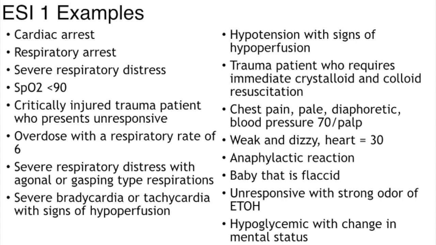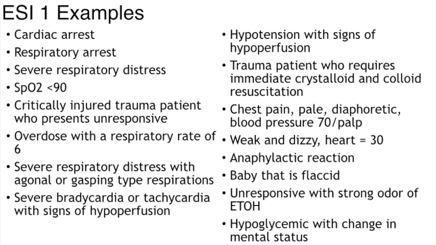Trauma patients who require a large amount of fluid resuscitation or blood products, any kind of uncontrolled bleeding, need to be an ESI 1. If a patient comes in with a complaint of chest pain and they're showing signs of hypoperfusion and appear pale and diaphoretic, with an unstable blood pressure, they should be an ESI 1.